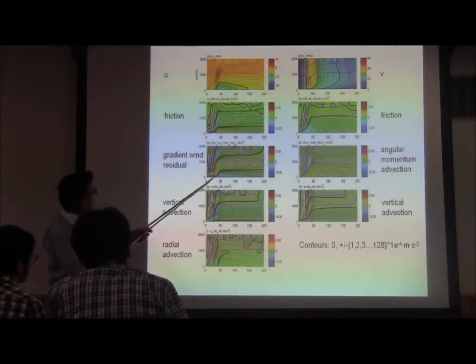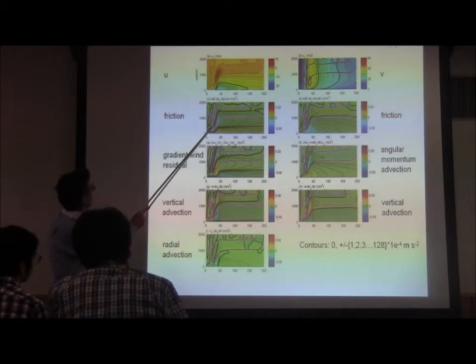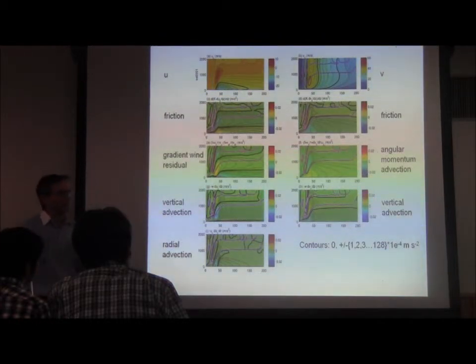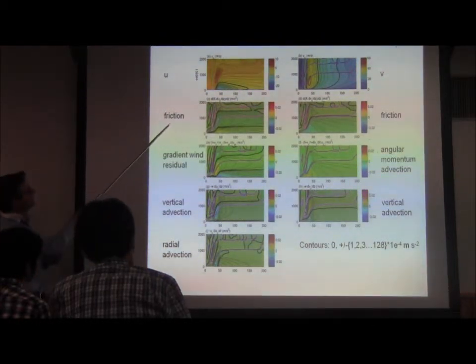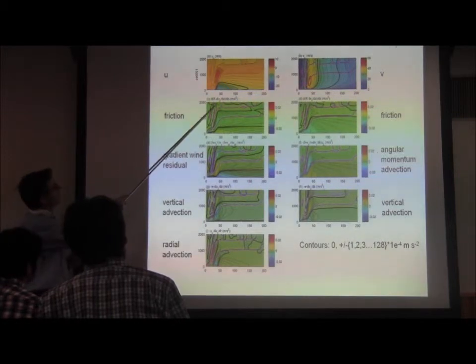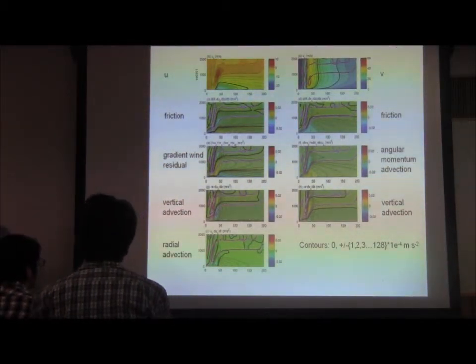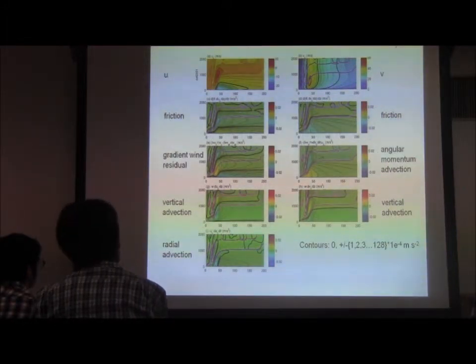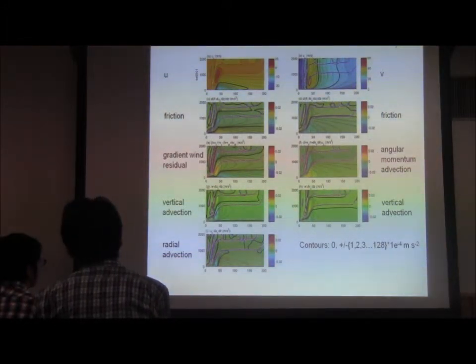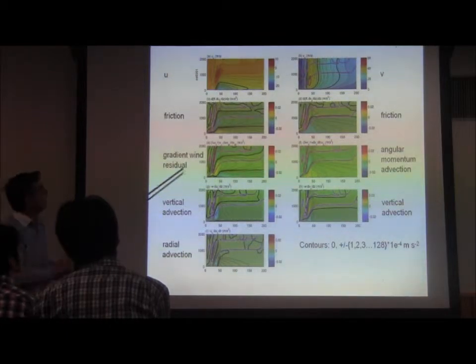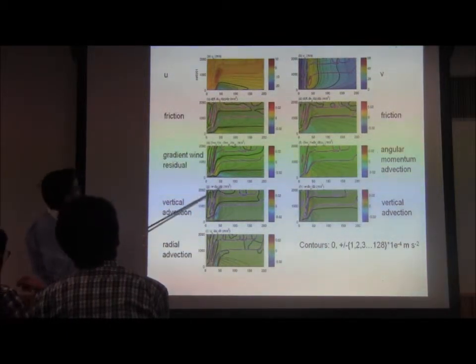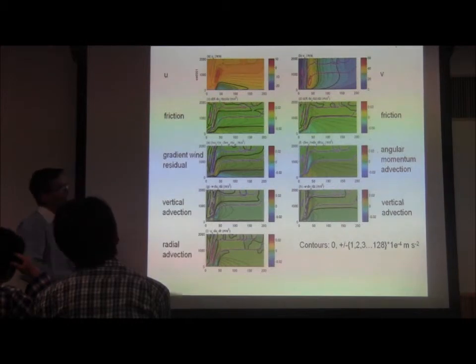The other thing that is producing an inwards acceleration at the height of the jet is what I've labelled friction here, but perhaps it would have been more accurate to say this is the vertical diffusion. So the vertical mixing is carrying the strong inflow near the surface up to the level of the jet.